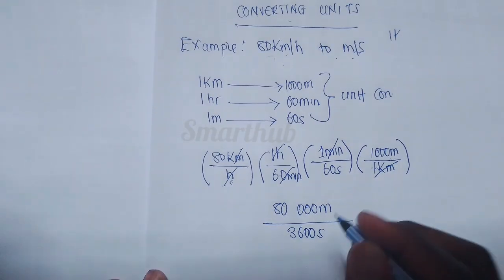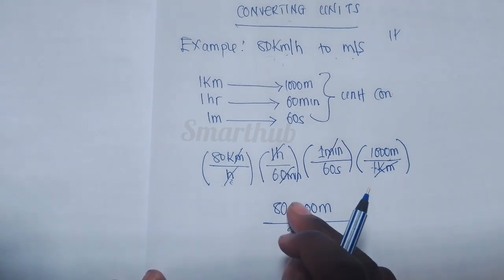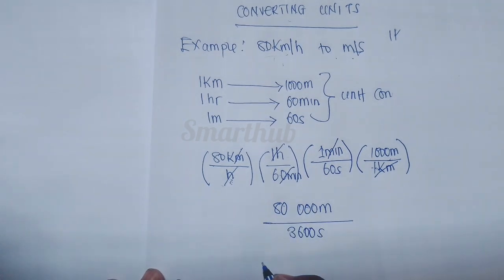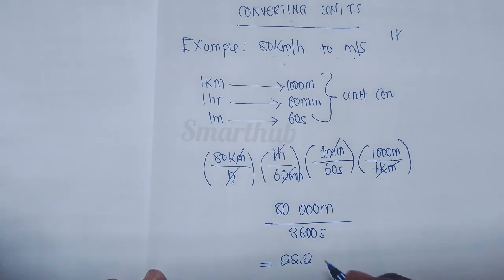Then dividing this by this, you're going to get 22.22. Okay, so even the units, we've remained with meters and seconds.